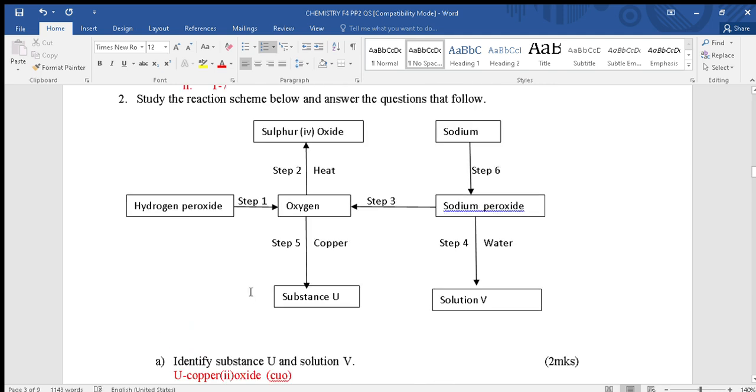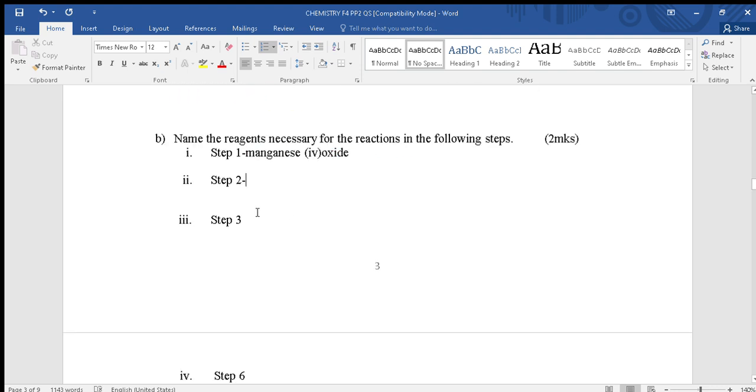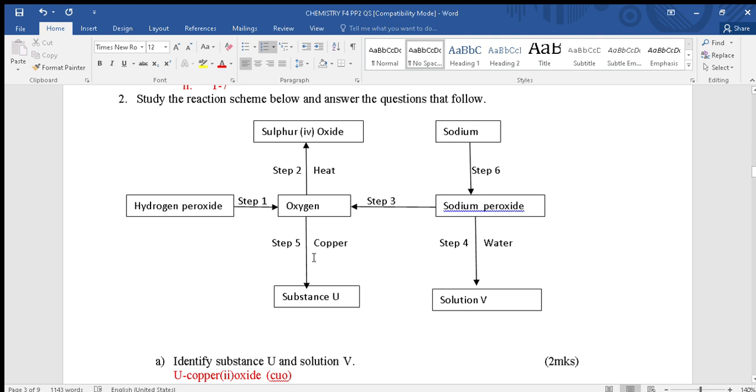Now you look at step 2. For step 2, you're having oxygen and then you are reacting with something and then you're forming sulfur 4 oxide. So that means most likely the substance added here is sulfur. So the reagent that you need in step 2 is sulfur. Okay. For step 3, what are you adding in step 3? You have sodium peroxide and then you're forming oxygen gas.